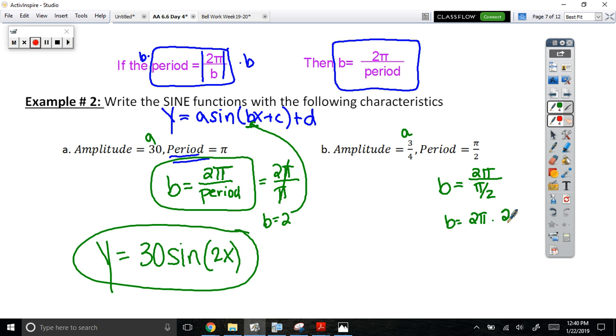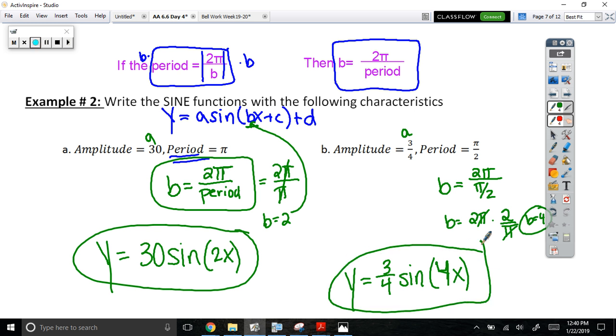Take the reciprocal of the denominator, make it 2 over pi, so 4. So our equation should be y equals a, which is 3/4, sine of bx, which will be 4x. And you should be putting parentheses around that, because the 4 is inside parentheses.